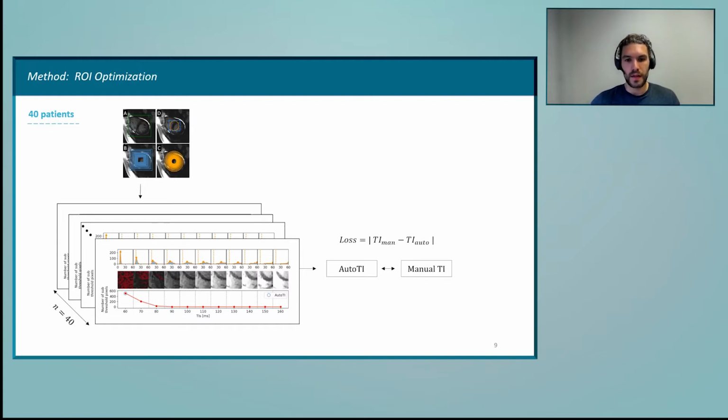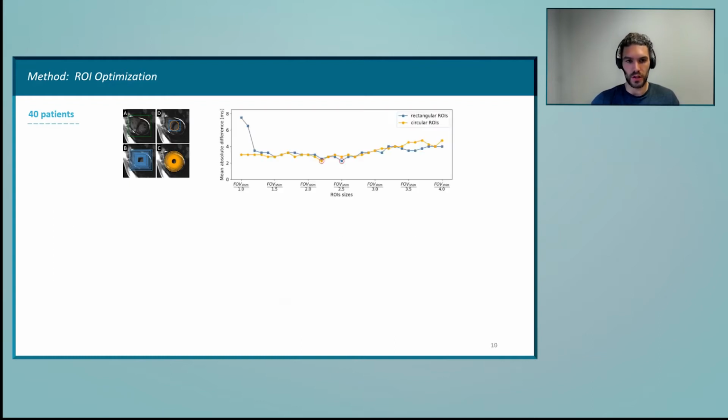optimization set. So with this 40, we have now a mean absolute value. So for each region of interest, we have one value, which is the mean absolute difference with respect to a manual annotation. So this is what is depicted here. So you can see the mean absolute difference for rectangular ROI and circular ROI for different ROI size.